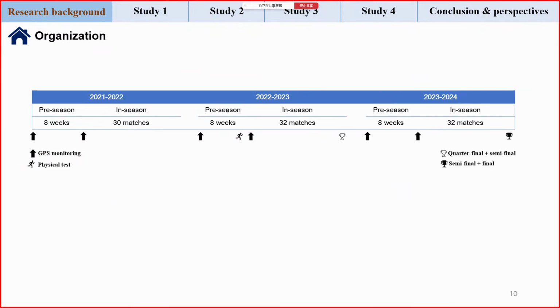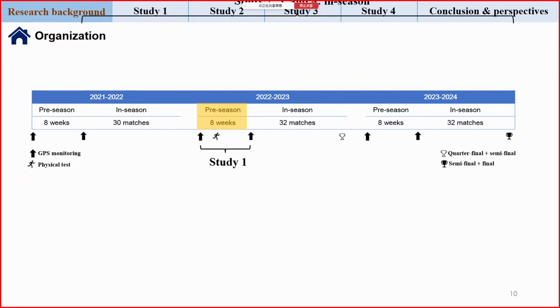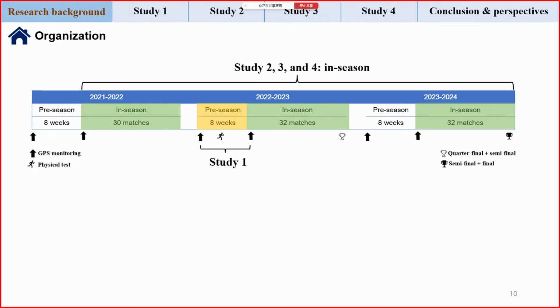This thesis consists of 4 studies covering data from 3 years. Study 1 was conducted during pre-season of 2022 to 2023, including several physical tests. As the most fundamental study, its purpose was to help me familiarize myself with rugby union. And Studies 2, 3, and 4 utilized GPS data from 3 in-seasons.